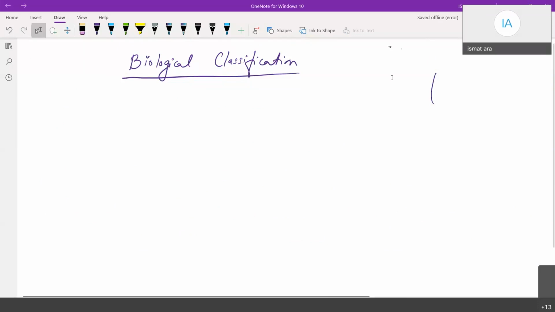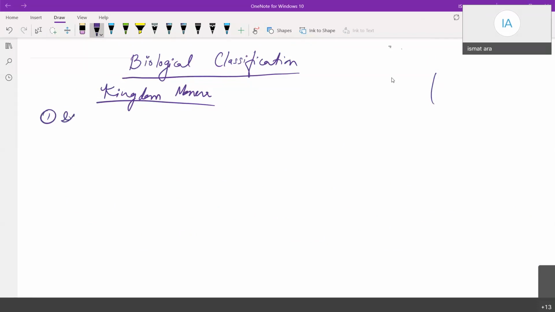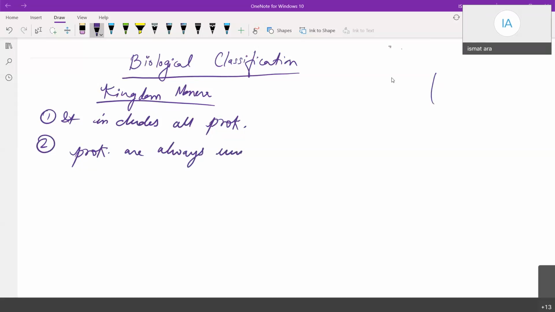Our first kingdom, kingdom Monera. It includes all prokaryotes. The prokaryotes are always unicellular.